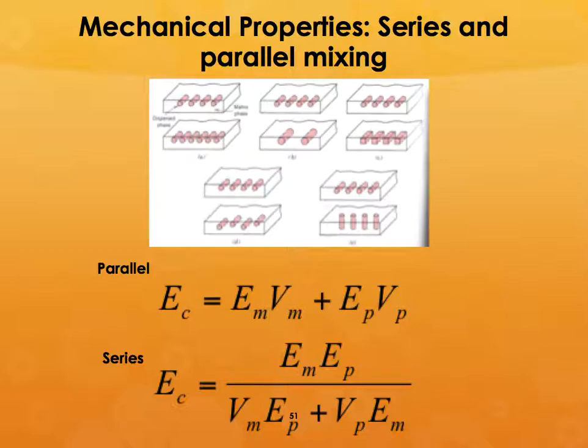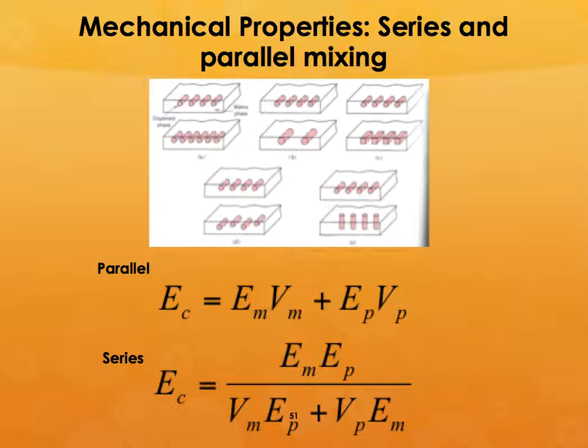for the parallel one, you can predict the stiffness of the composite by assuming that the modulus of the matrix times the volume fraction of the matrix plus the modulus of the fibers and the volume fraction of the fibers.